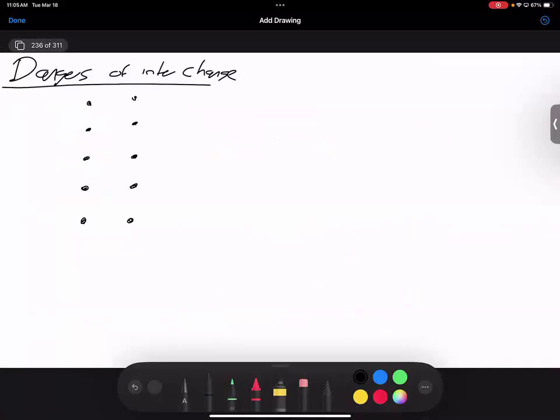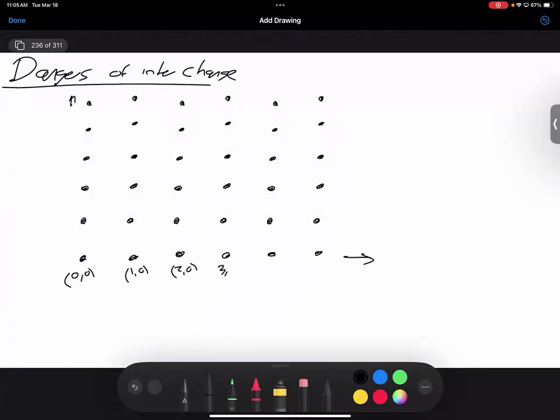Because we don't have too much time, I won't draw an infinite grid. And it goes off to infinity. So this is the point 0,0, 1,0, 2,0, 3,0, and so on. This is the point 0,1, 1,1, 2,1, 3,1, and so on.